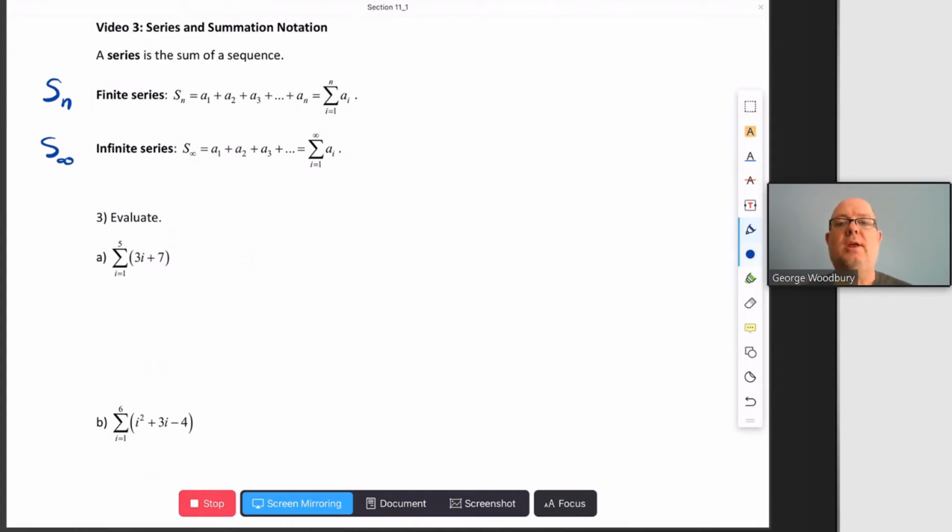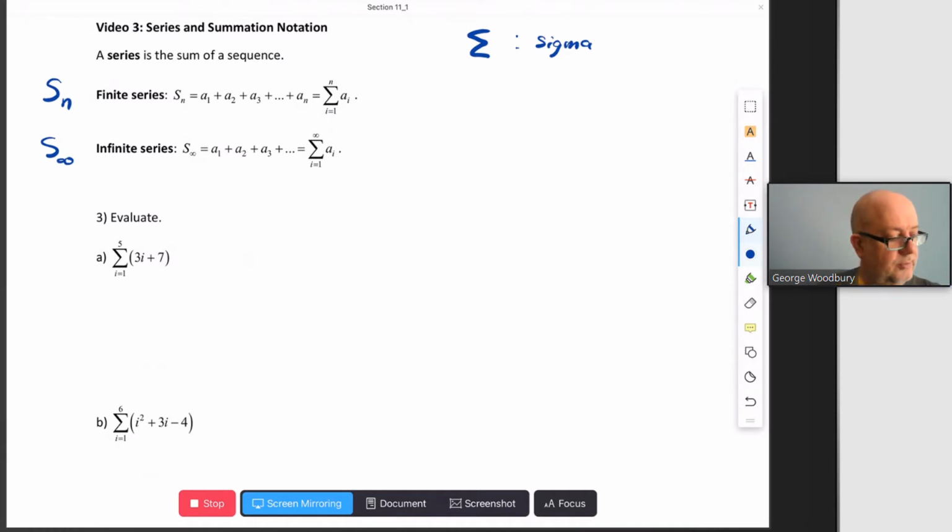The notation on the right is what we call sigma notation or summation notation. This symbol is the capital Greek letter sigma, and it's basically equivalent to our S, and S for sum.